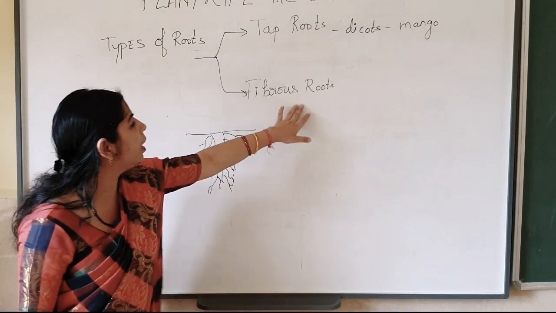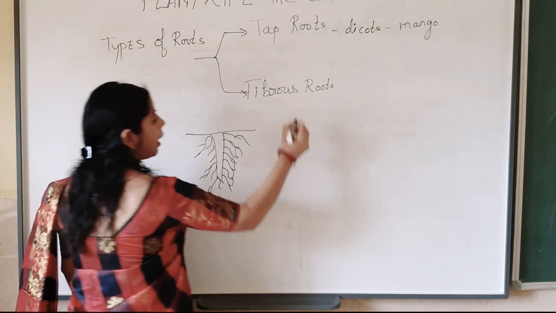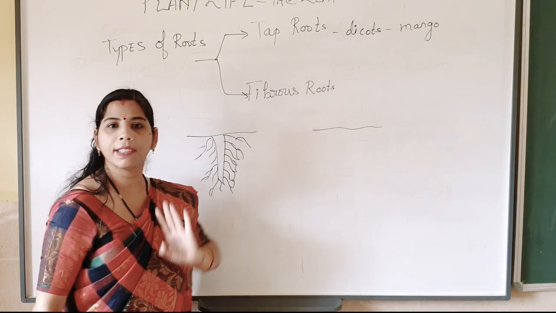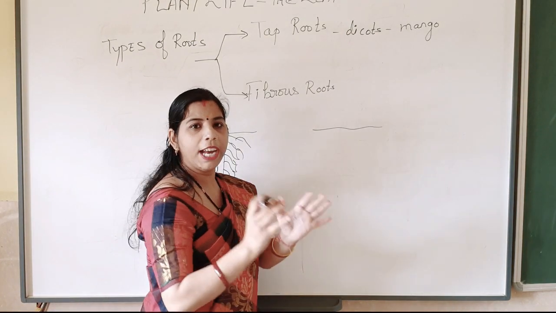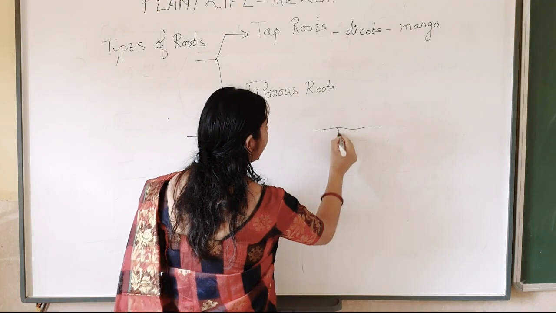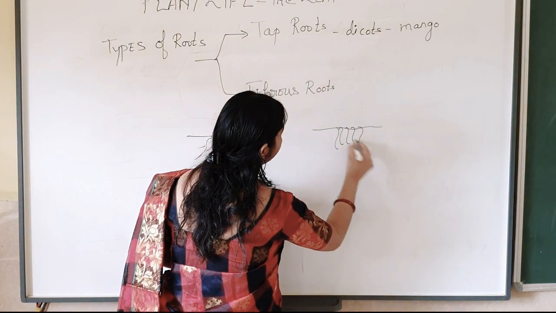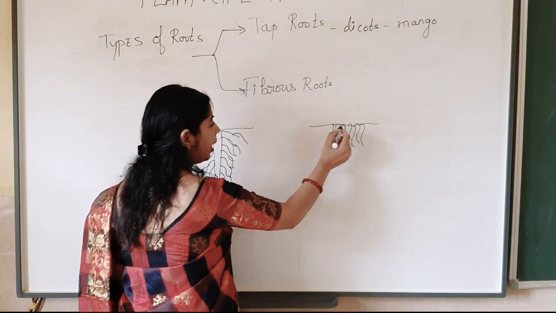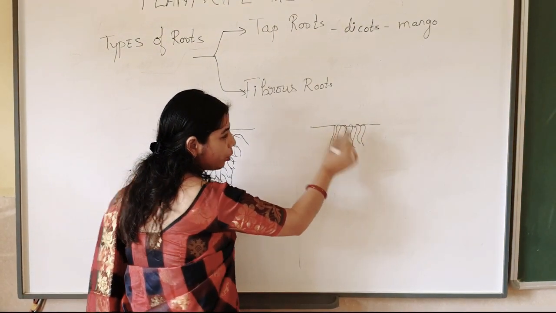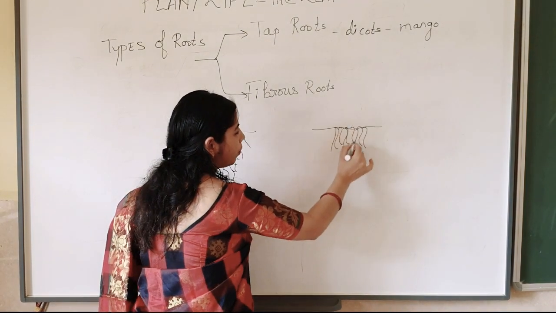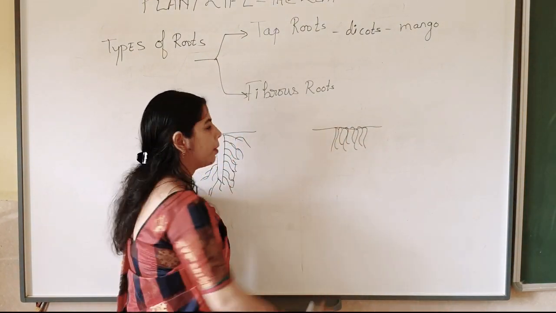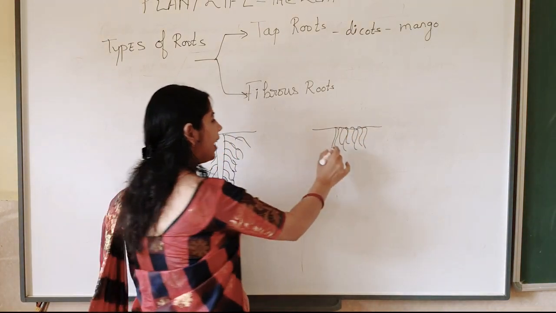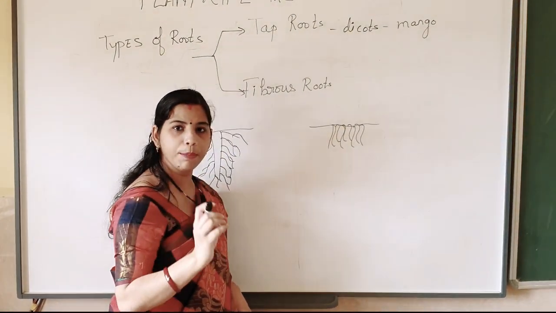Now the second is the fibrous root. In the fibrous root, here no primary root is there. Clusters of, that means group of roots arises from the base of the stem. So as you see here, no primary root is there. Number of clusters of roots arises from the base of the stem, and that's why these are thin and fibrous in structure.